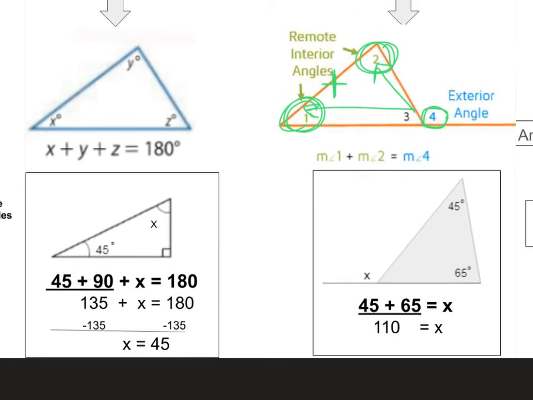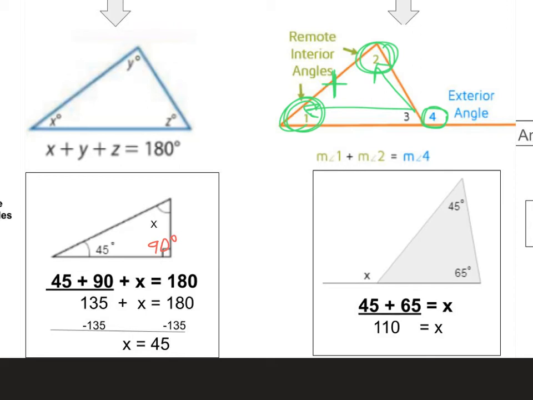Following along on the left side, I have an interior angle problem because notice I'm missing the interior angle right here. Since I'm only given one angle measure, hopefully you know what this little square means. That little square means you have a 90-degree angle. So that's a known. It will not always be written.